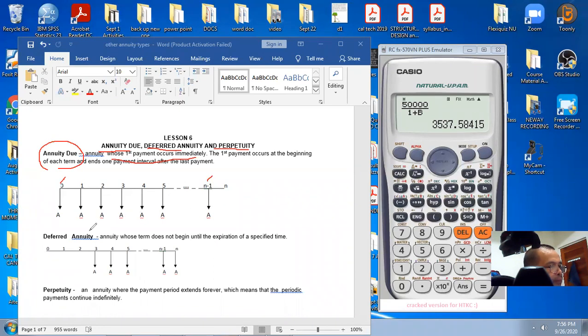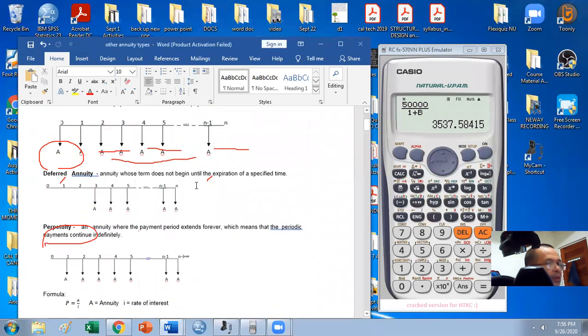Okay? Pag sinabing deferred annuity naman, delayed yung payment. Let's say hindi sa 0, 1, sometimes sa 3. Yung deferred annuity. Pag sinabi namang perpetuity, ang payment naman is what?